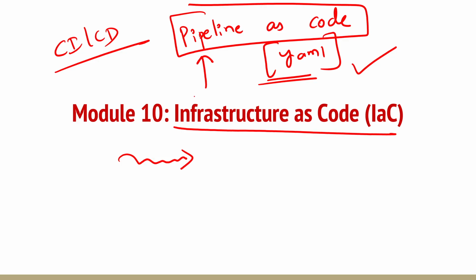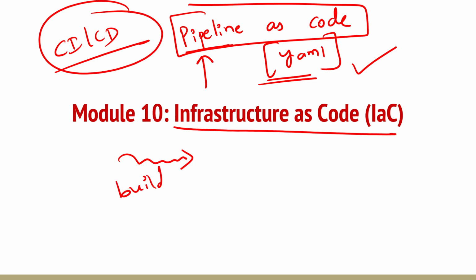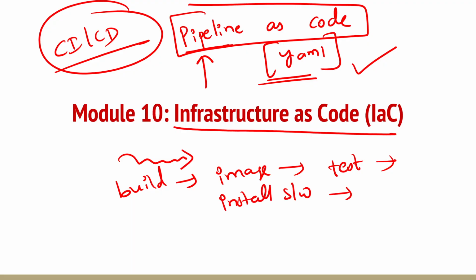In the same way, here we were talking about the CI/CD pipeline, that is making a build, converting it into an image, right, or doing some basic testing, or installation of some software, installing some module package, all those things we have done in the pipeline as code.